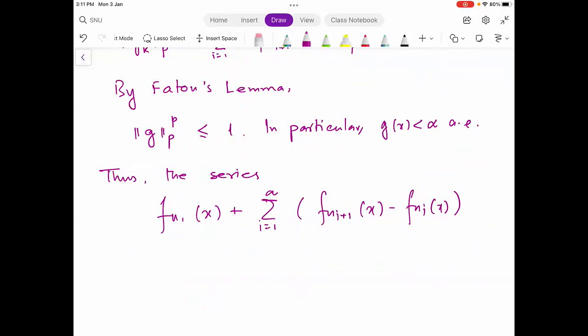I can add f_{n_1} to that, because it starts with f_{n_2} minus f_{n_1}, and I want to cancel that f_{n_1}. Converges absolutely almost everywhere. But what is this? Let us give a name to it.